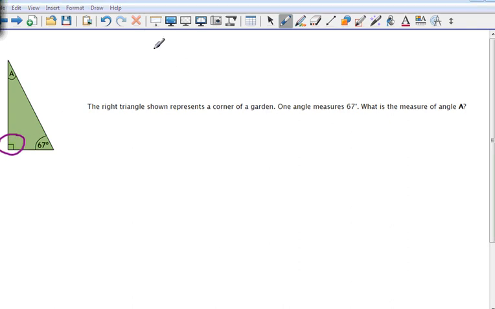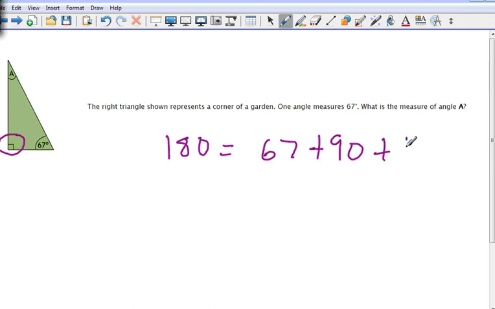All right, welcome back. Remember that all triangles add up to 180 degrees. And we have three angles. We have this guy in the right corner. That's 67 degrees. Plus, we have this symbol right here in purple. What does this symbol mean? That's called a right angle, which is 90 degrees. Plus, we have angle A. So altogether, we've got 67 plus 90.